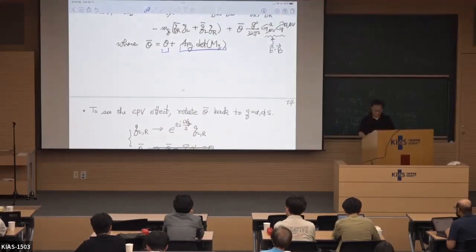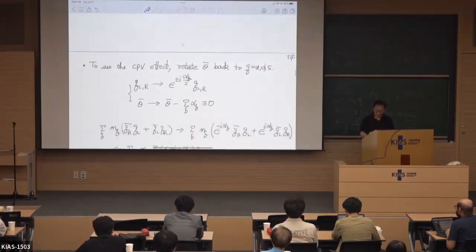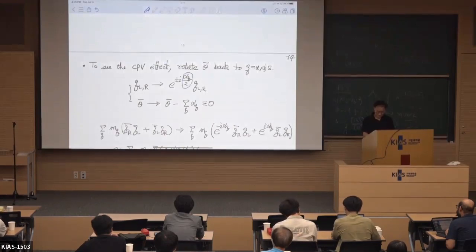Now, let's do a little manipulation again. We rotate this theta bar back to the quark masses, the quark fields. Since we are talking about the effective theory of quarks in terms of mesons and baryons, this theta bar can be rotated away to the UDS fields.